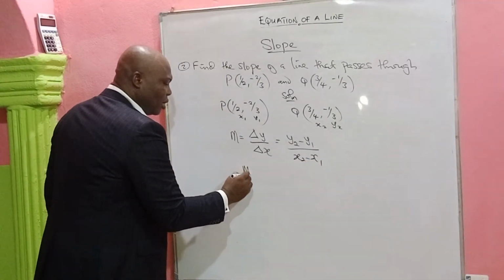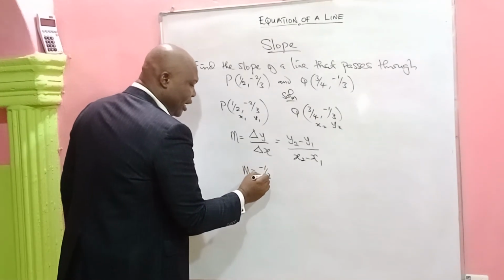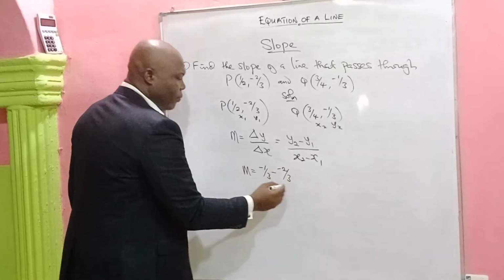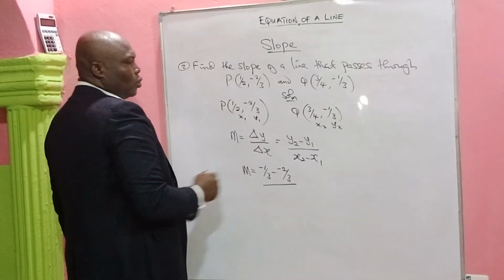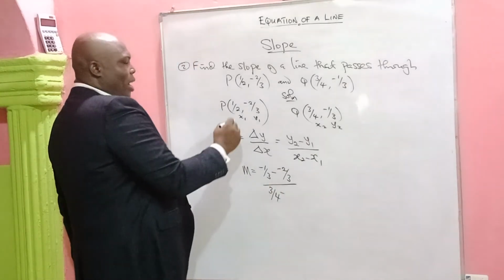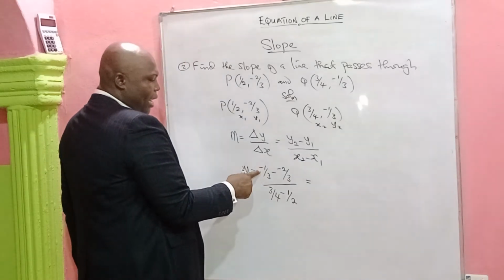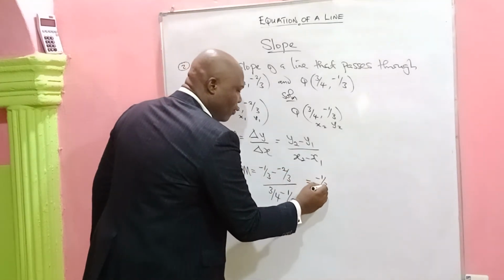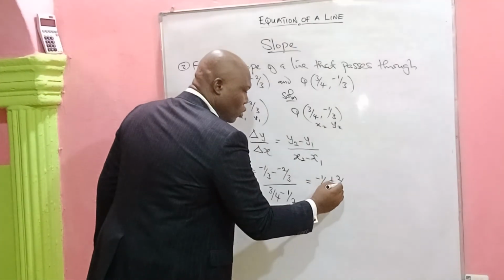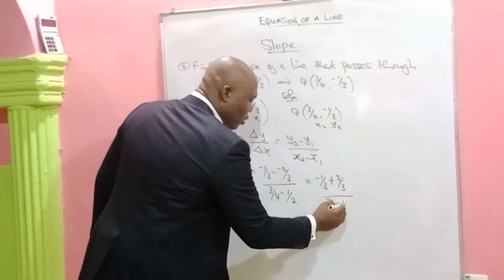So let's substitute the values we have. Our y2 is minus 1 over 3 minus y1, which is minus 2 all over 3, all over x2, which is 3 over 4 minus x1, which is 1 all over 2. So we are going to have minus 1 over 3, minus minus 2 over 3, where minus minus becomes plus, then 3 over 4 minus 1 all over 2.